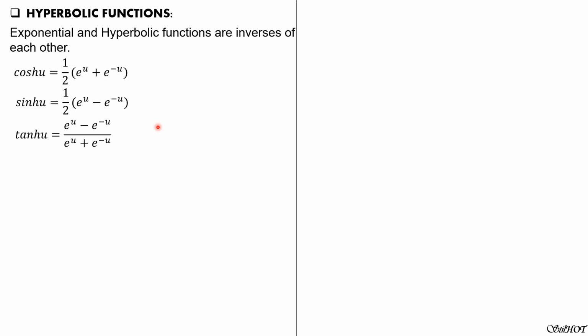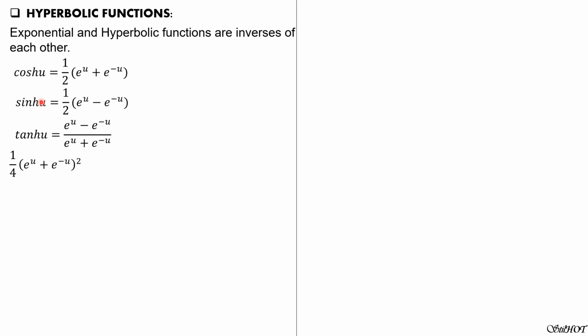And we now prove or show that the square of cosine hyperbolic of u minus the square of sine hyperbolic of u is 1, or unity. So if we square cosine hyperbolic of u, this becomes 1/4 times quantity e to the u plus e to the negative u squared.